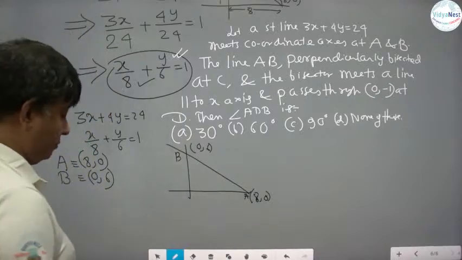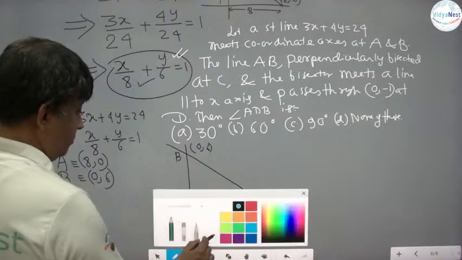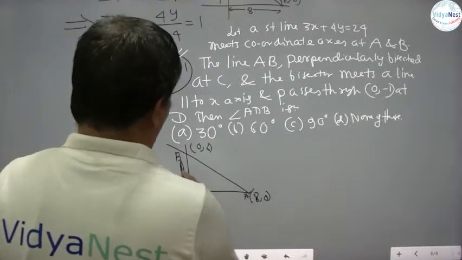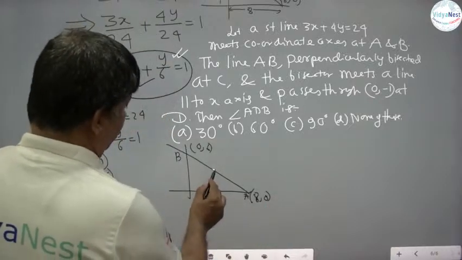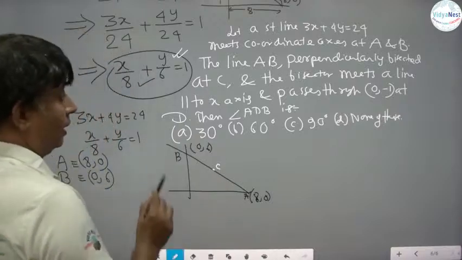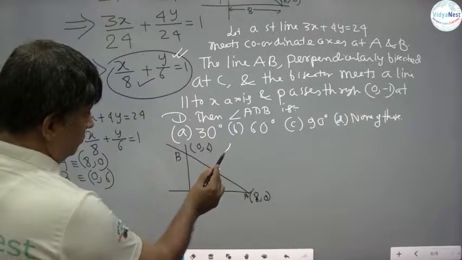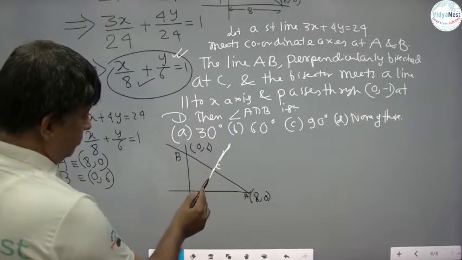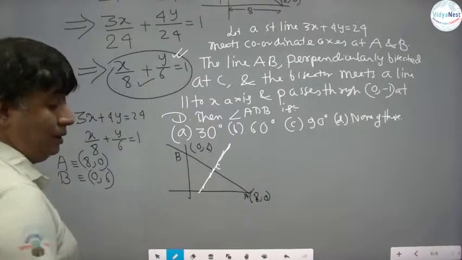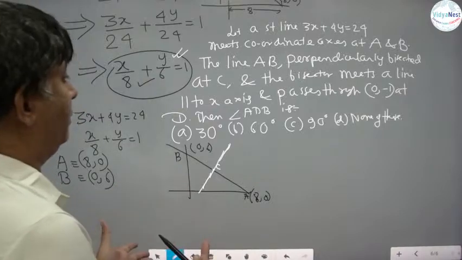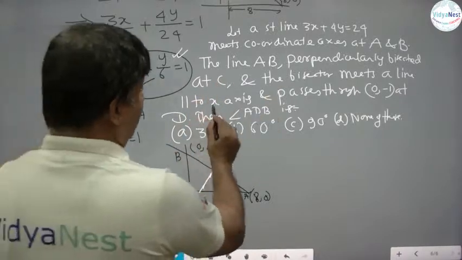Now, the line AB is bisected at C. How? Perpendicularly. And what will be its role? It meets a line. What kind of line?